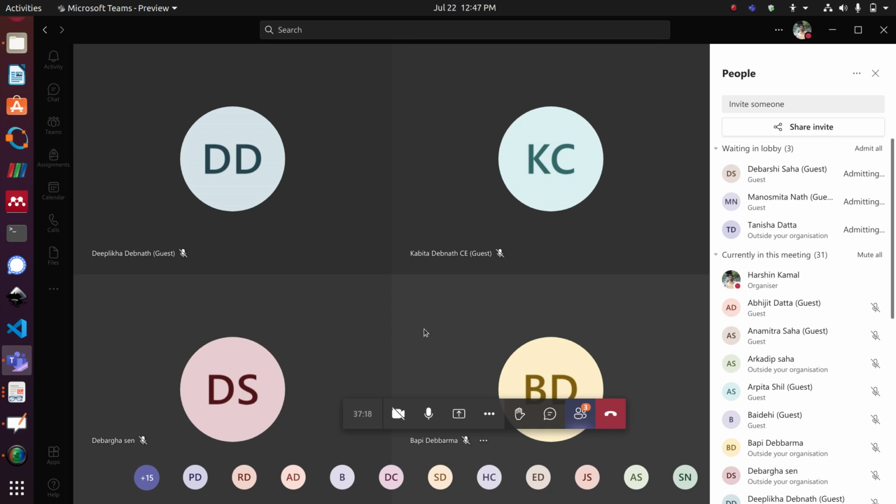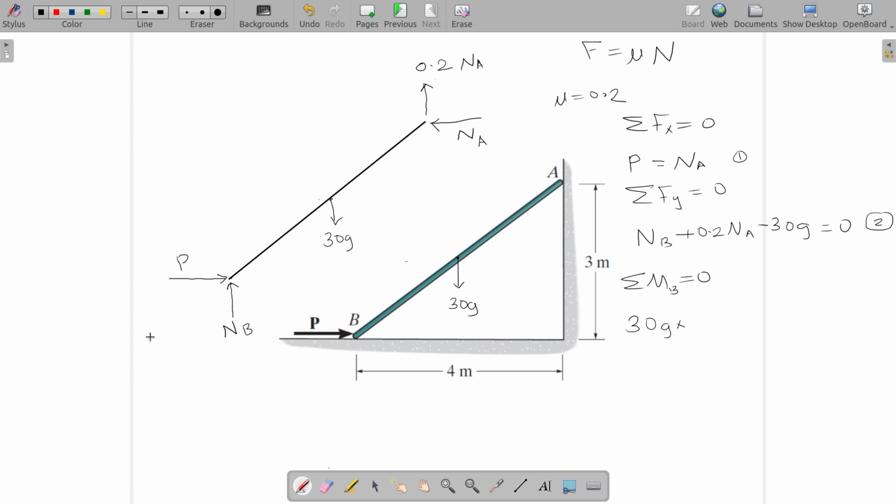This is something we discussed in the previous class. Can you tell me what is that distance? Perpendicular distance between 30g and point B. So 30g, this is the line of action of 30g.